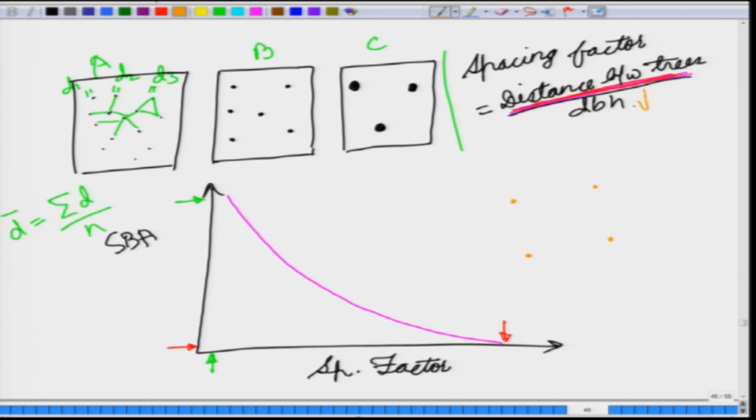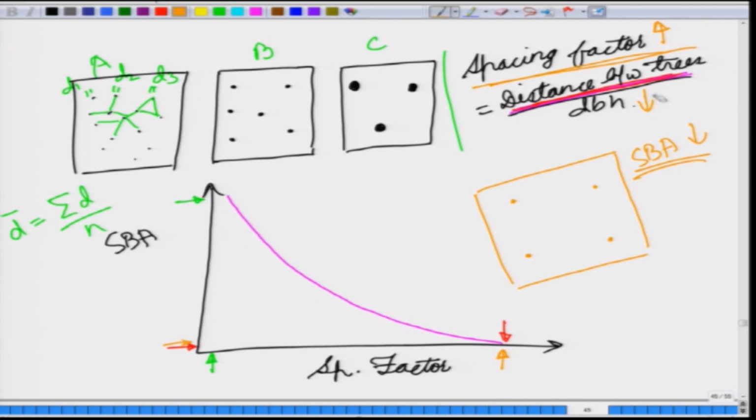If you have a dBH which is very less, the amount of crowding in your plot is less, which means that the stand basal area is less. So, essentially if your spacing factor increases, the stand basal area is less, which is what we are seeing here. The spacing factor is more and the stand basal area here is less.